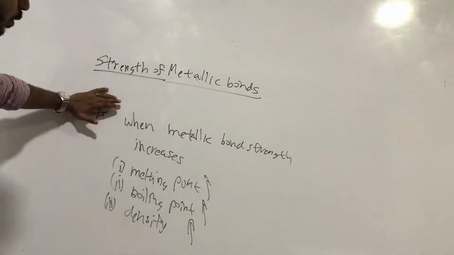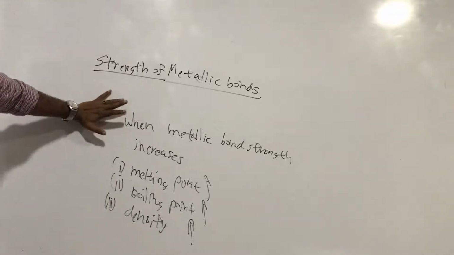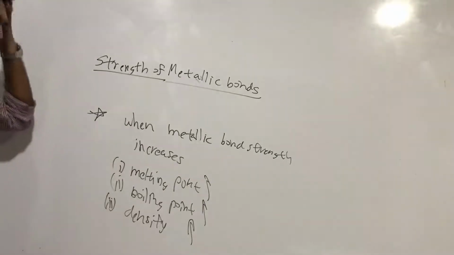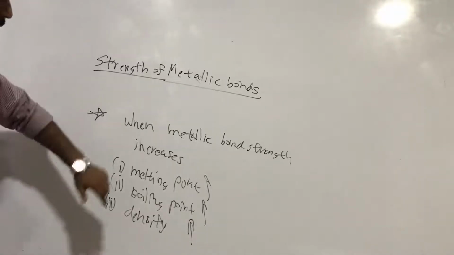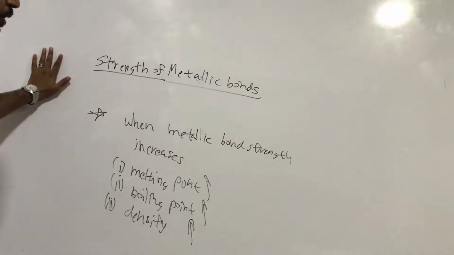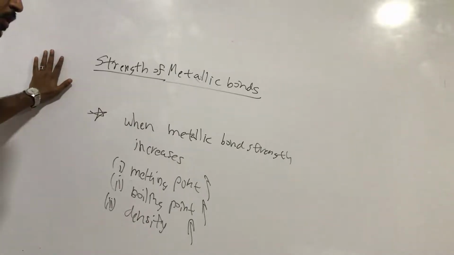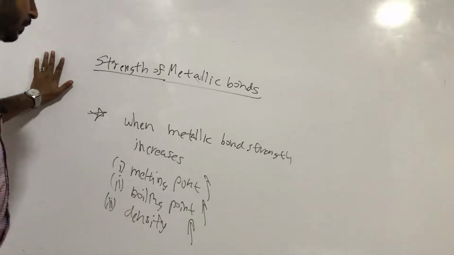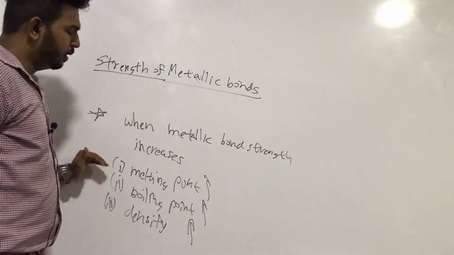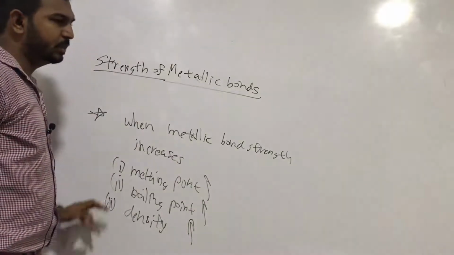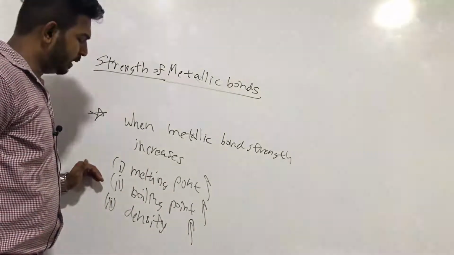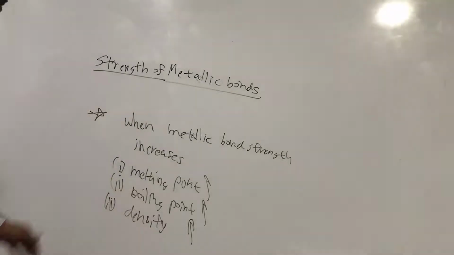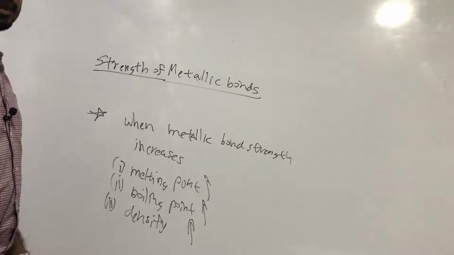When metallic bond strength increases, melting point increases, boiling point increases, and density increases.